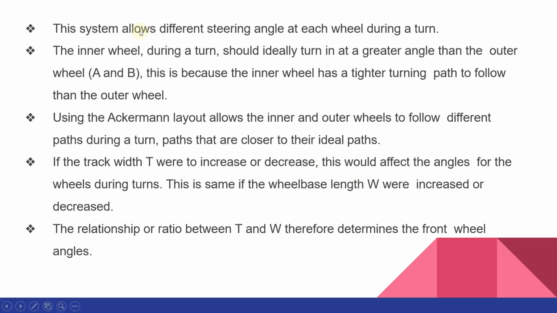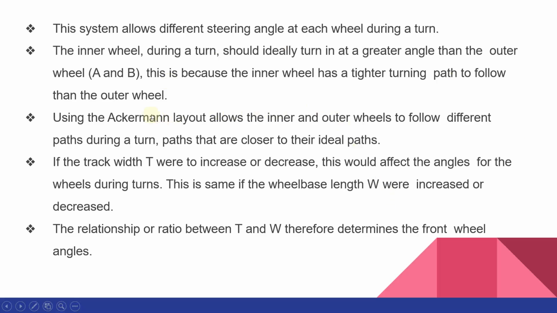So the Ackermann system allows different steering angles at each wheel which is taking a turn. The inner wheel should turn at a greater angle than the outer wheel, because the inner wheel has a smaller turning radius, whereas the outer wheel has to cover more distance and therefore it has a longer turning path.